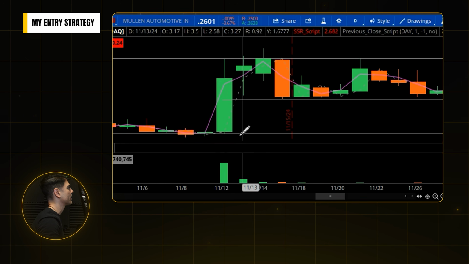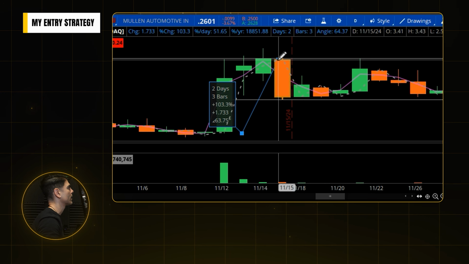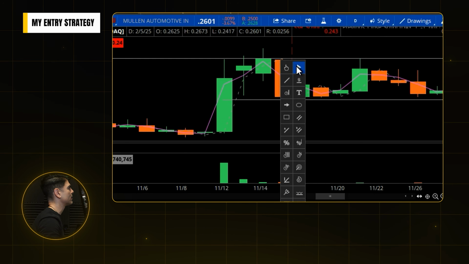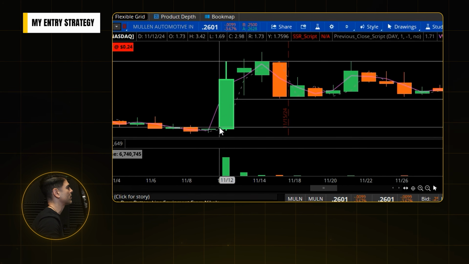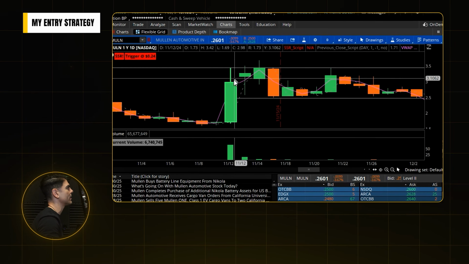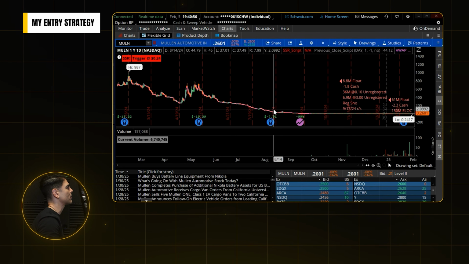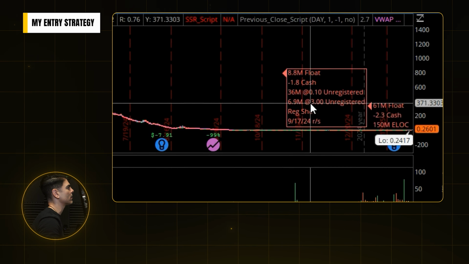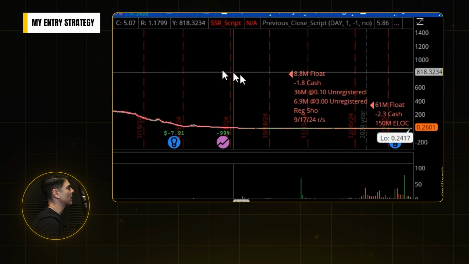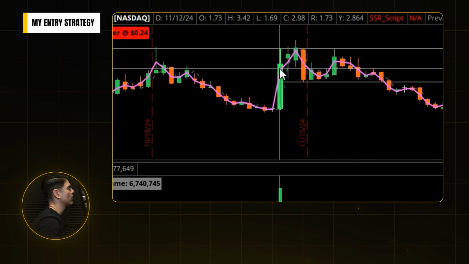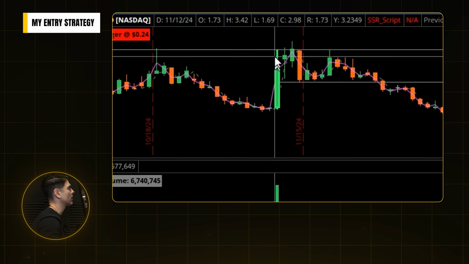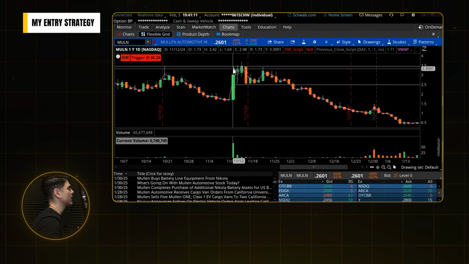It had a 100% squeeze. So by a combination of things I'll use for my entry, which is 100% minimum criteria, and it also helps that it had those $3 unregistered warrants. With a stock like MULN, over $3, around 100% up, you can trade it that day.